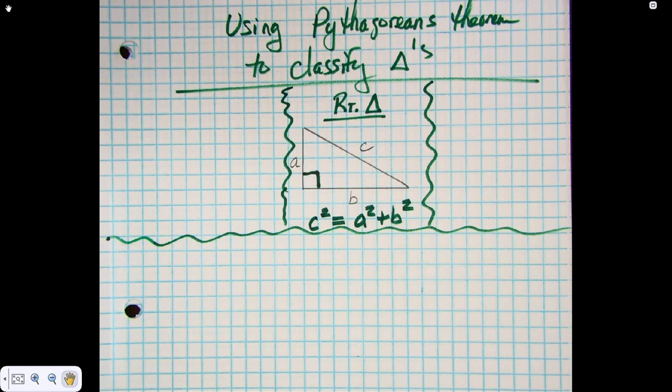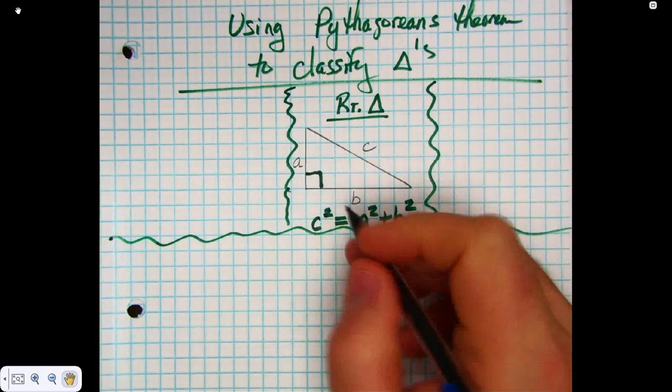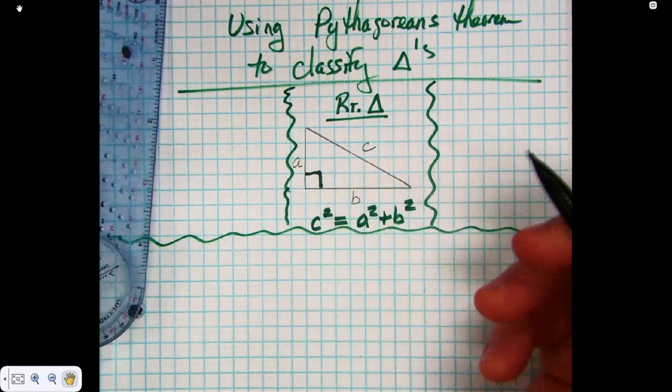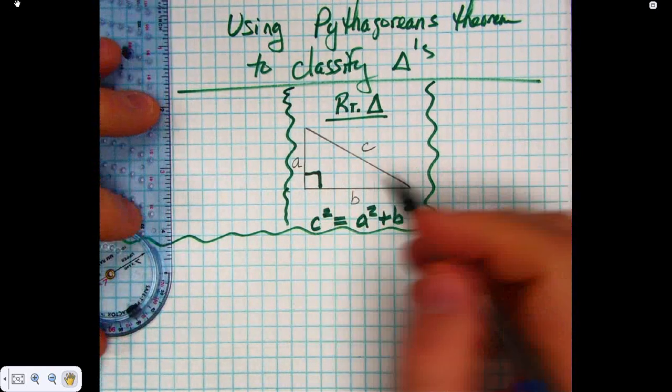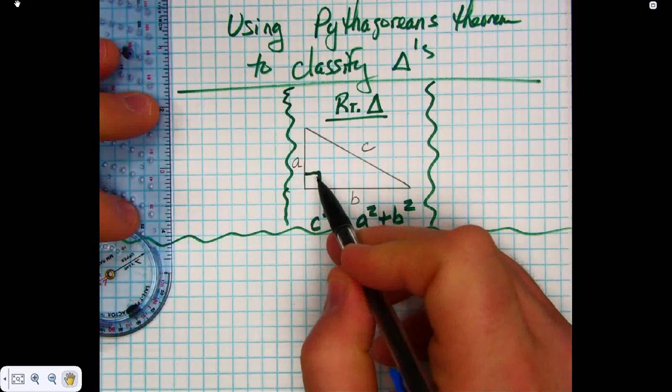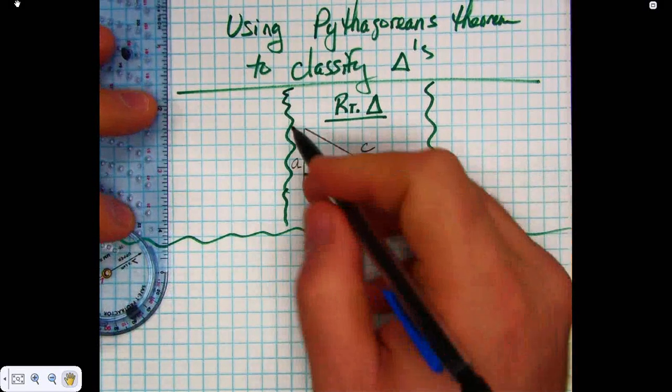It turns out Pythagorean's theorem will tell you whether you have a right triangle, stop writing, whether you have an obtuse triangle, whether you have an acute triangle. And this is how it will tell you. What I'm going to do is make the exact same triangle over here, except I'm going to make this angle smaller. I want you to see what happens.